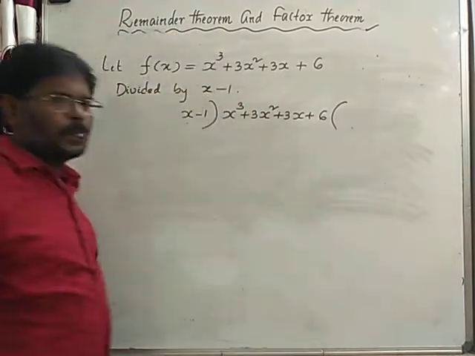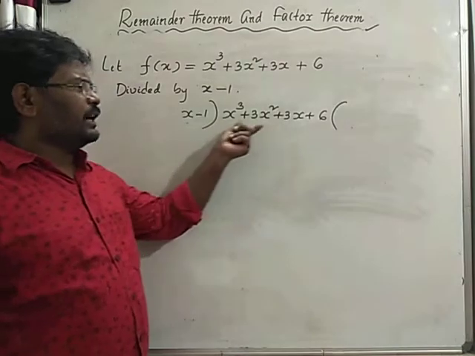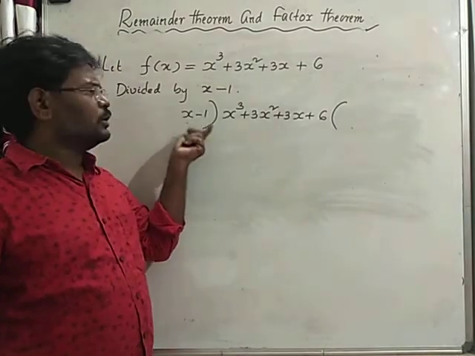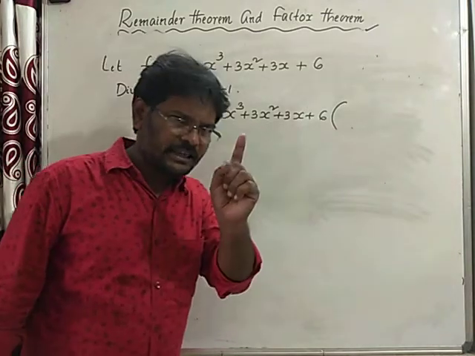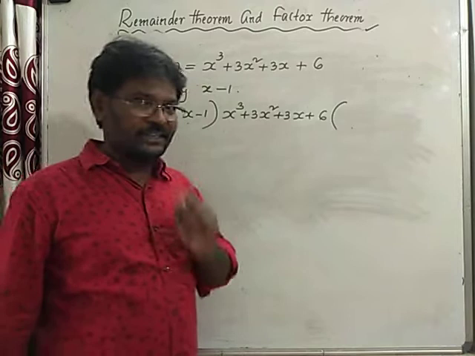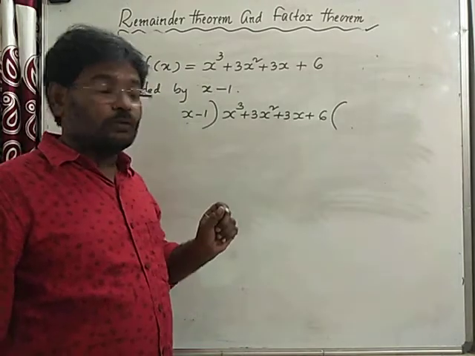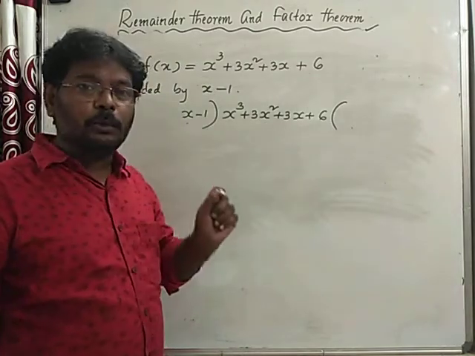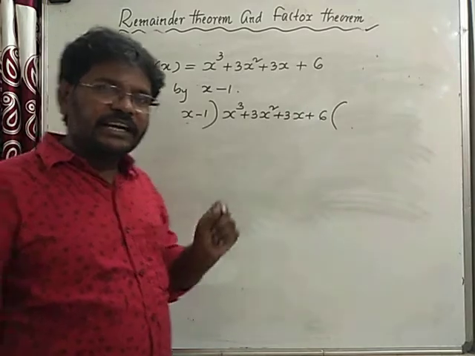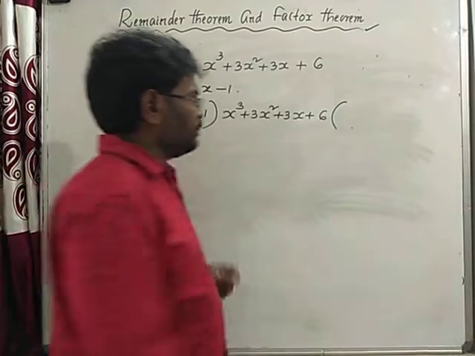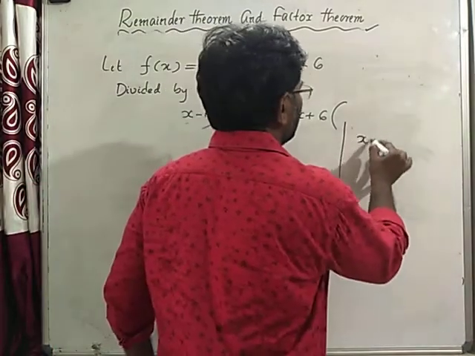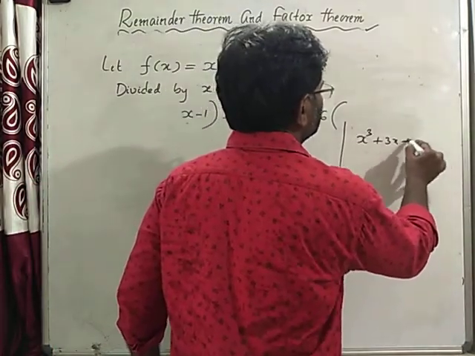When dividing a polynomial by another polynomial, we should write the given polynomial in descending or ascending order. Some tips are there. And also we have to write all possible terms. If any term is missing, we have to keep 0 in place of it. That means, suppose I am giving x cube plus 3x plus 1.